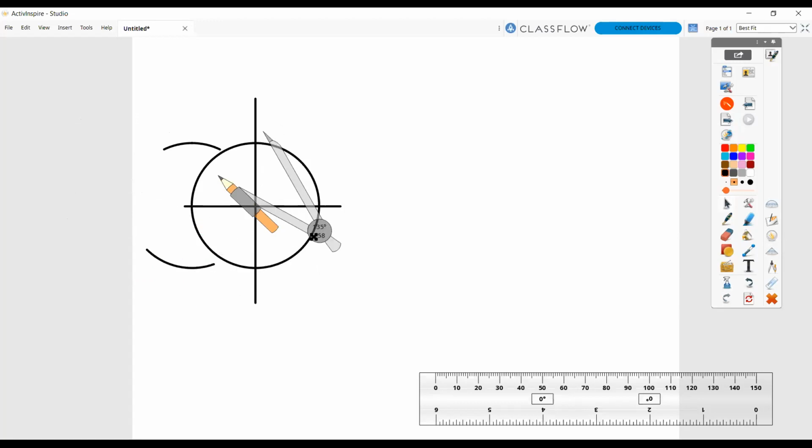Okay, then after set the compass at the next point, the next quadrant point. Bring the compass outside the circle and draw the arc like this. Okay, then after set the compass at the other side and draw the arc like this.